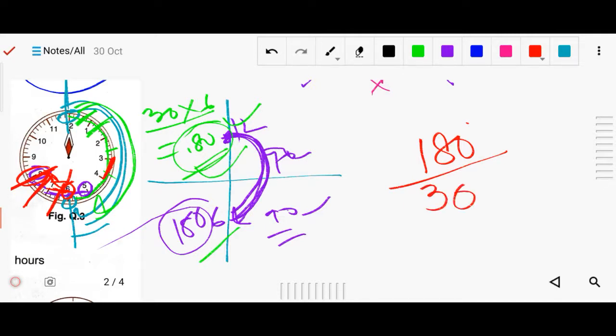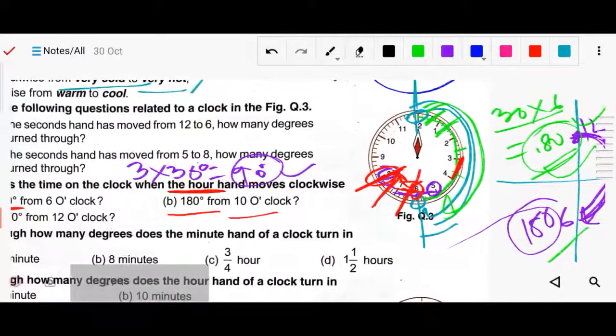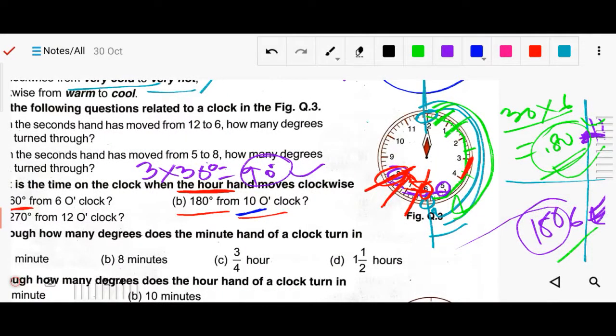You just divide by 30, so you get the value 6. It means it will go 6 steps. So from 10 o'clock you count 1 2 3 4 5 and 6. Where do you reach now? 4. So what is the time? 4 o'clock. So simply you can do 180 divided by 30.